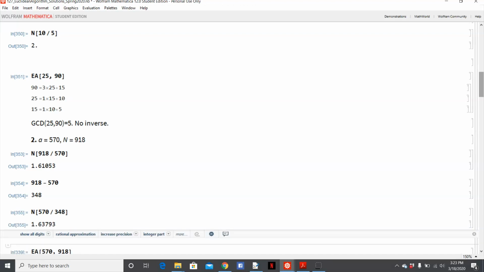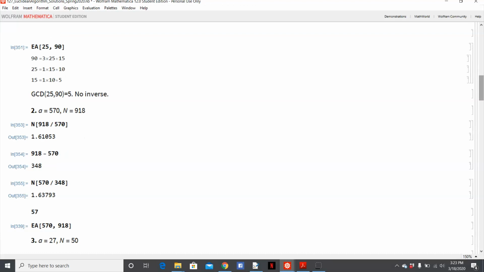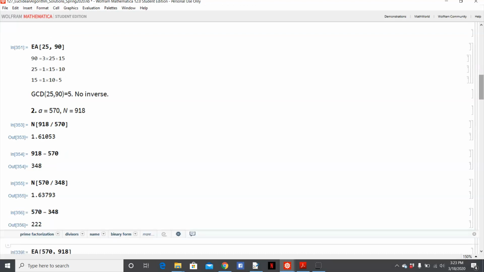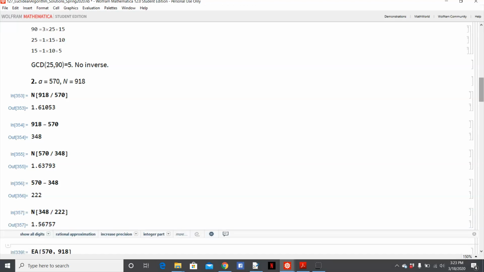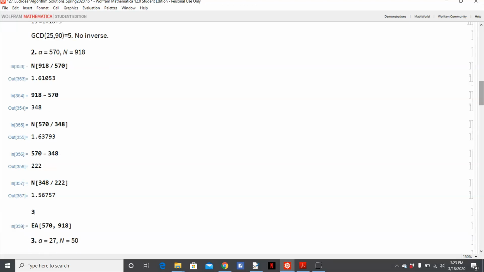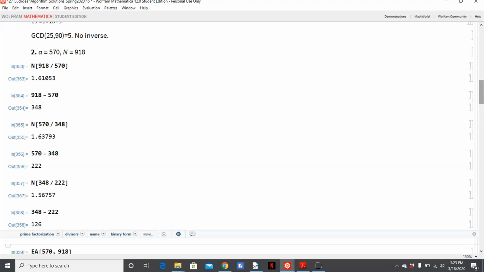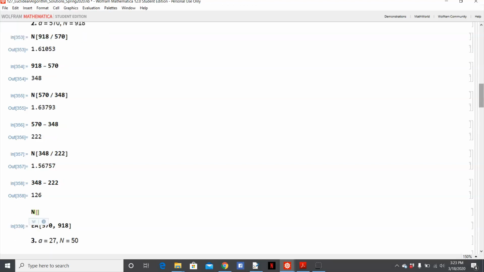Again, 1 and change, so I find my remainder, 222. So now I take 348, I divide it by 222. Get, again, 1 and change, so my quotient is 1, so I'm taking 348 minus 222. It's 126. All right, so my new remainder is 126.